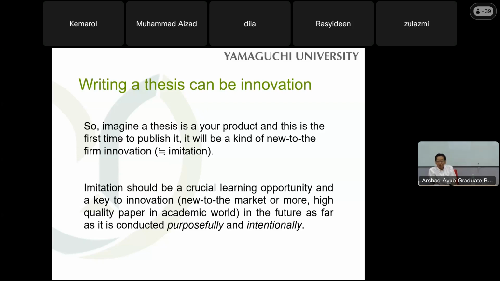If you understand that writing a thesis is your first trial to imitate, and if you pursue being a product manager in the future, this is your first trial to think about a new product.